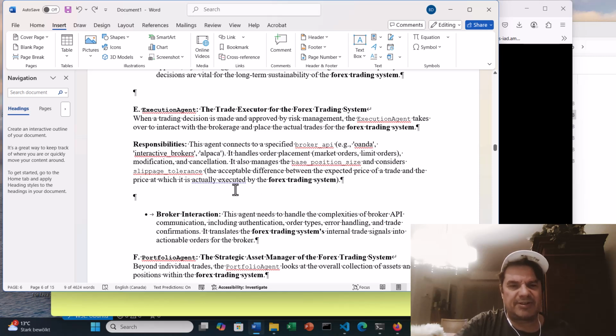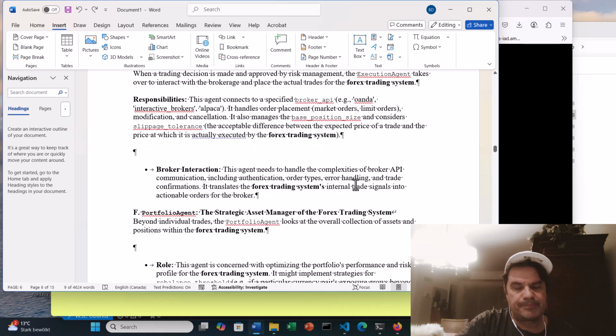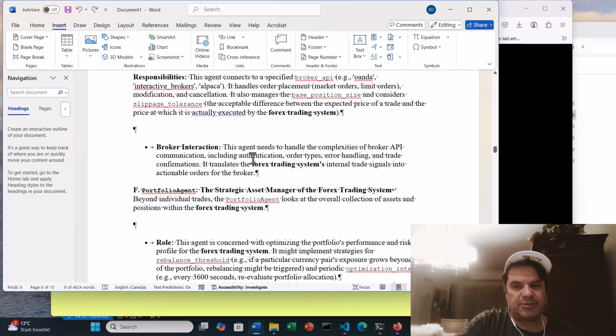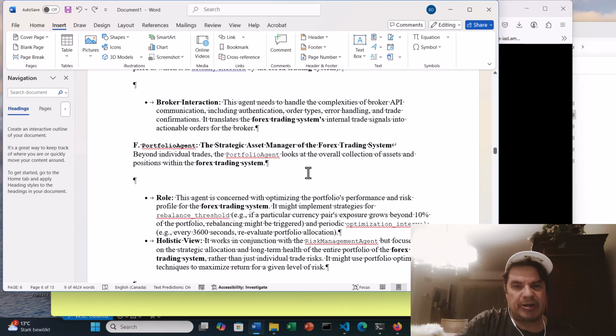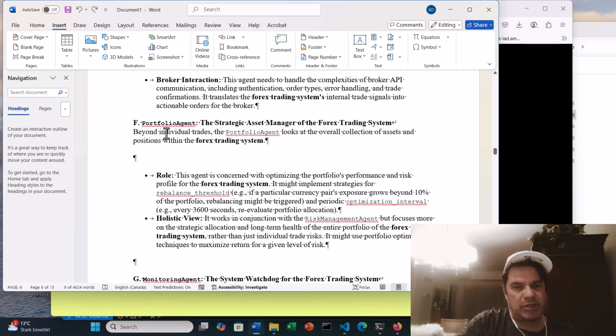Base position size considers slippage tolerance, the acceptable difference between the expected price of a trade and the price actually executed. Broker interaction: the agent needs to handle complexities of broker API communication, order types, error handling, and the like. Pretty impressive.